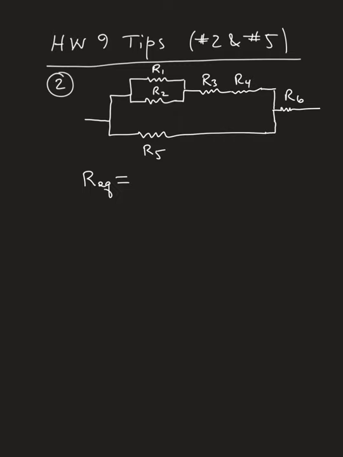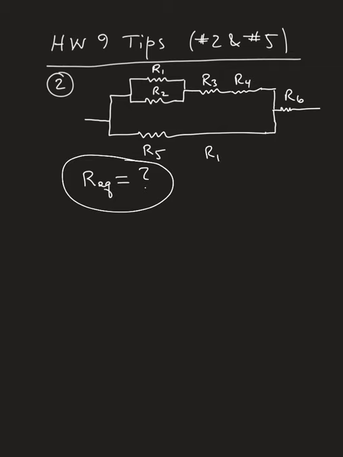Okay, so what I'm going to do is go through step by step and replace. I'm going to do this one first. For now, I'm just going to write this, because that's what I'm after, the overall R equivalent, but I'm going to do it in steps. So first, I'm going to focus on R1 and R2 in parallel.